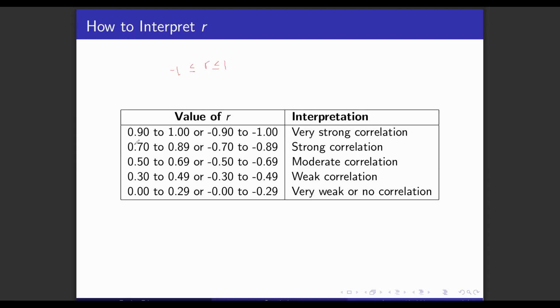When it comes to the second line, we have the first part to be a strong positive correlation, and this is a strong negative correlation. If you come to the third one, we have a moderate positive correlation and a moderate negative correlation. So you do so for all the other values of R.